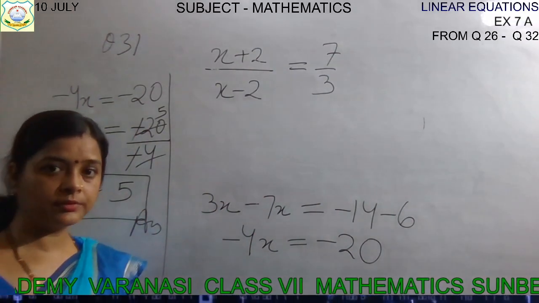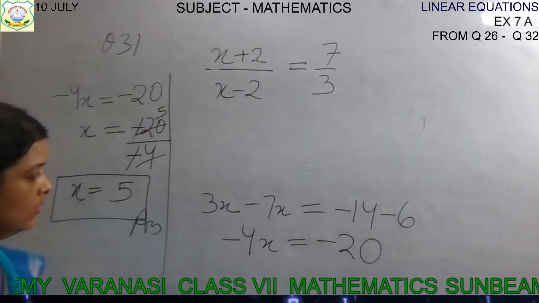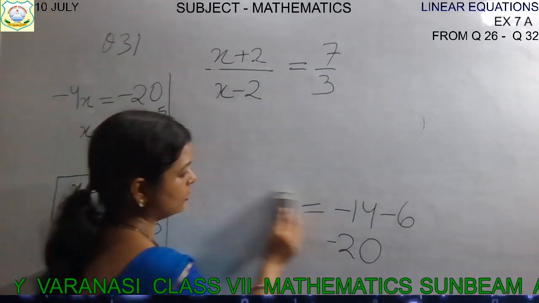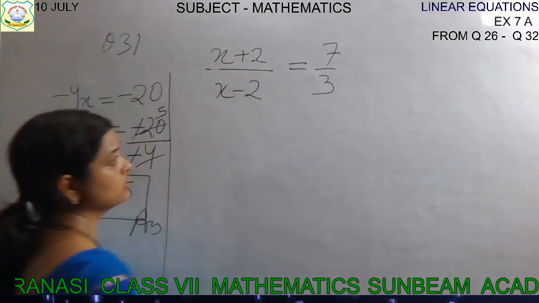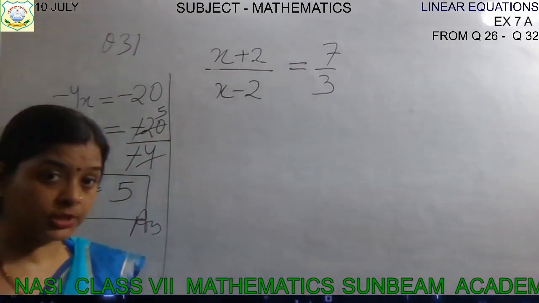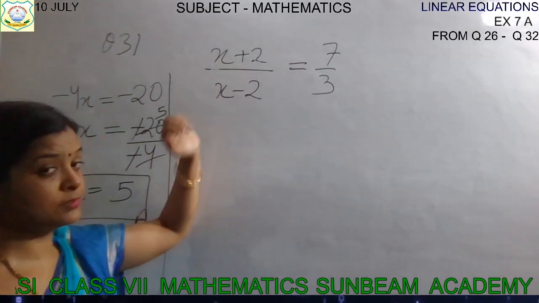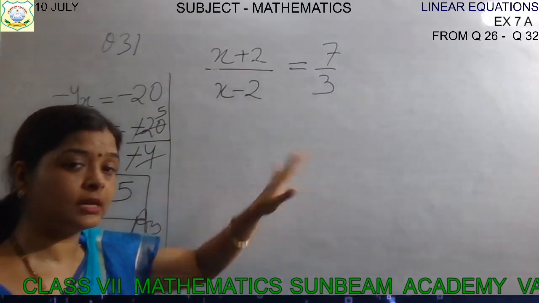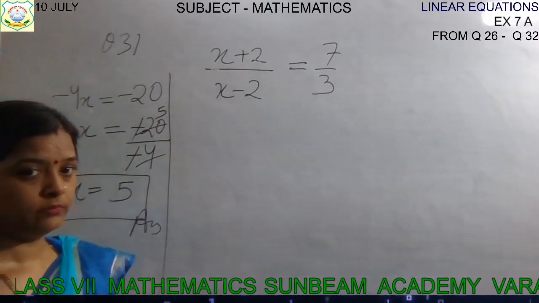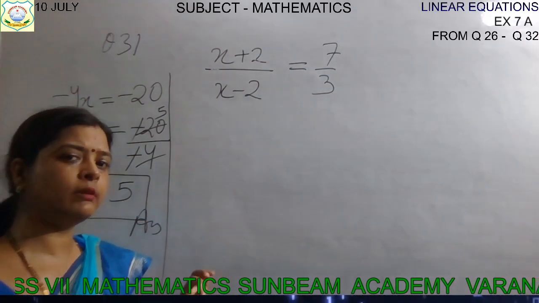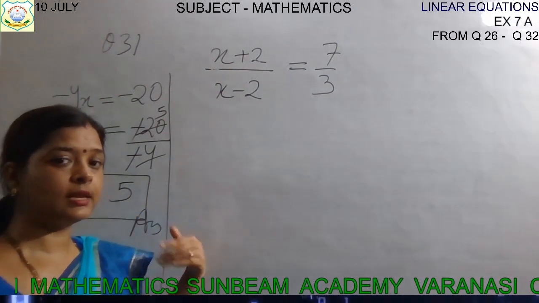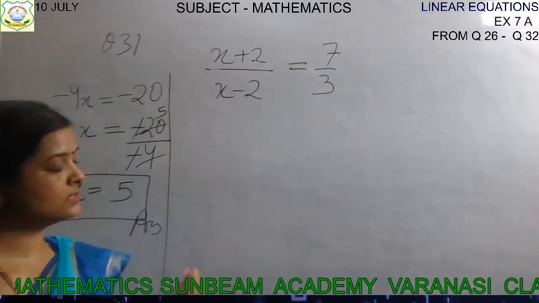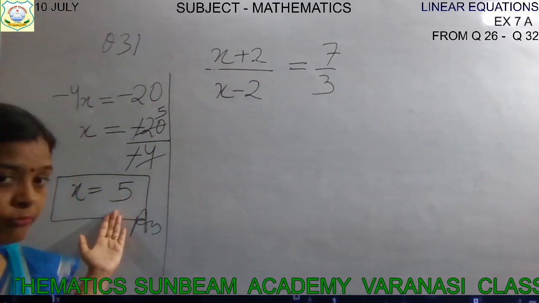How we can check it, children? Whatever variable value we find, we will substitute it in the question and we will get LHS and RHS equal. We will not transpose anything, only we will put the value of x in the given question, and if our LHS and RHS will be same, then it means the value of x is 5.